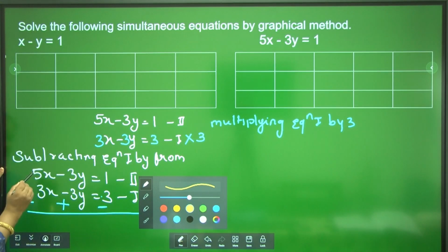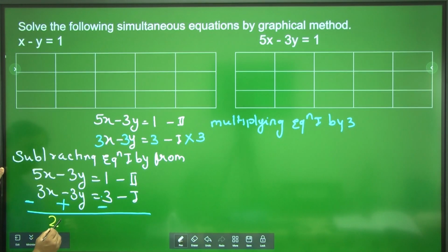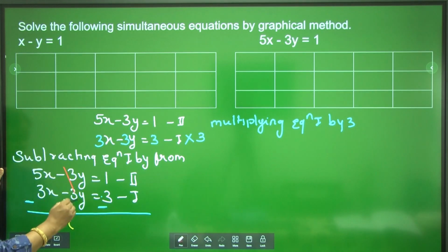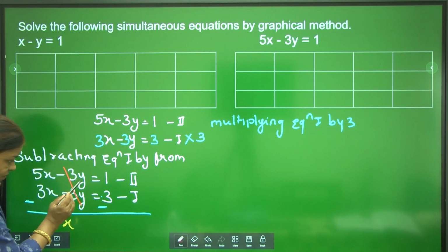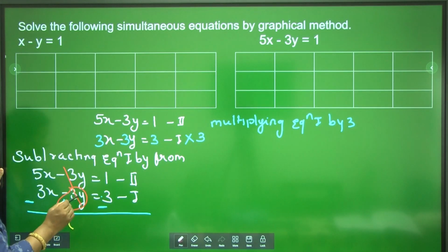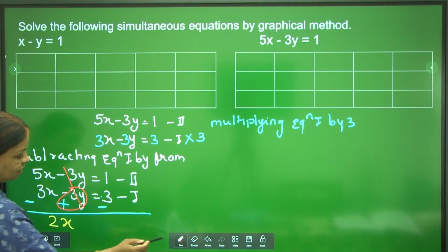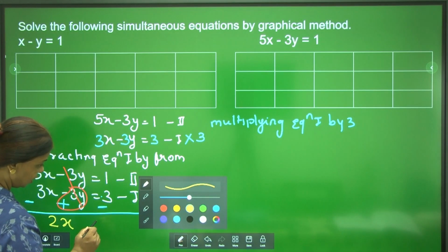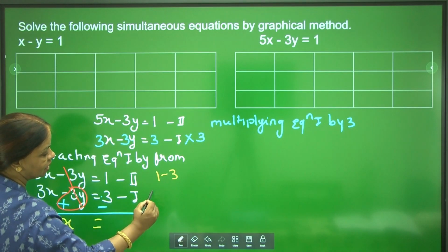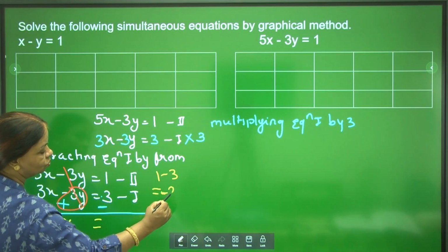And then what will I get? I will be getting 5x minus 3x as 2x, and the 3y terms both will get cancelled because now sign of this is minus and sign of this is plus, opposite sign and equal in magnitude, so they will cancel. Is equal to 1 minus 3, see 1 minus 3 is equal to minus 2.